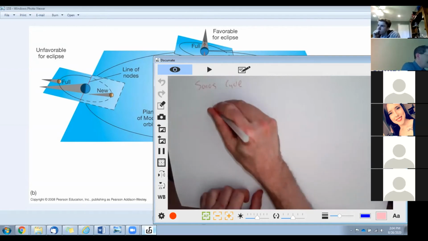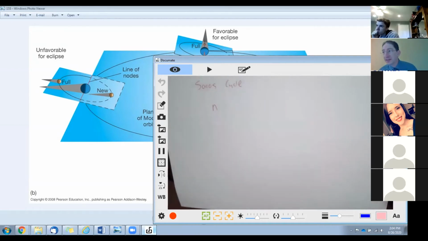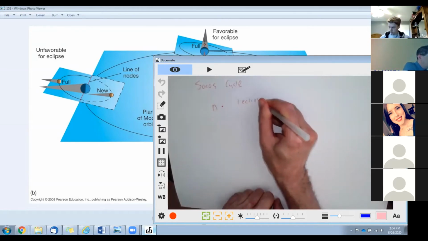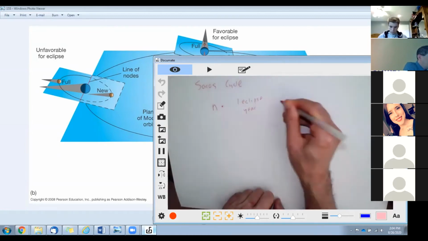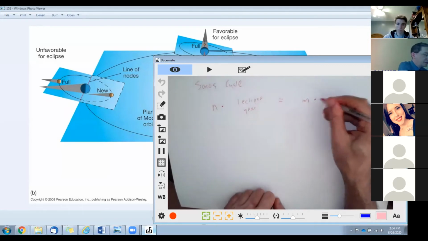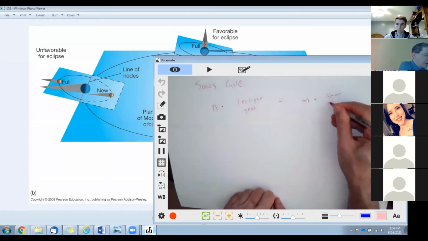So the condition is n, where n is some integer, 1, 2, 3, 4, times 1 eclipse year is equal to m, some other integer, times the lunar month.